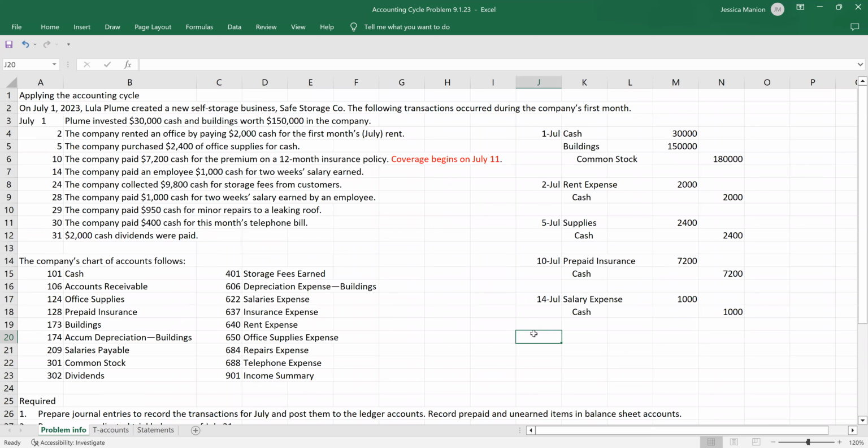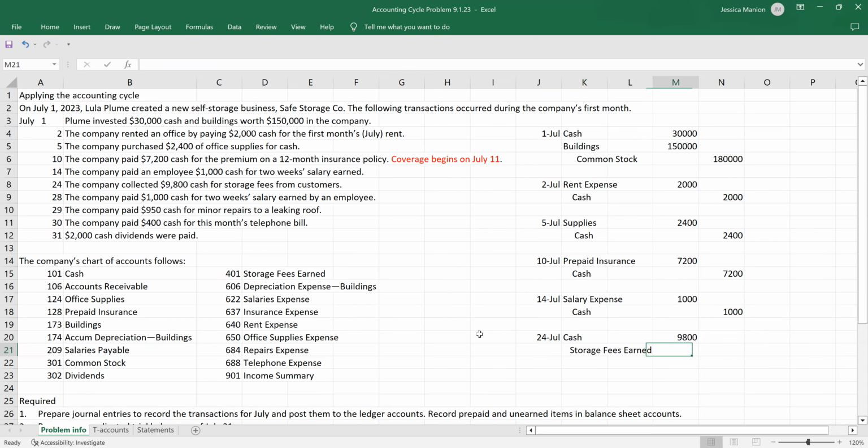Okay. What's our next one here? July the 24th. This one says, the company collected $9,800 cash for storage fees from customers. Okay, good. So we've got cash going up. We're debiting cash, $9,800. We're crediting revenue, which in this case is storage fees earned.